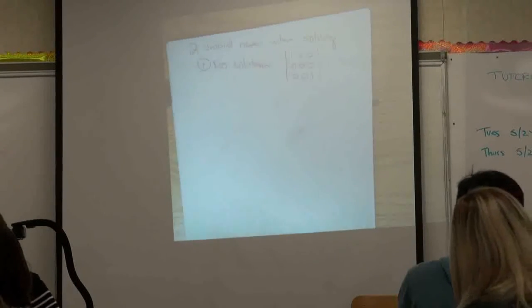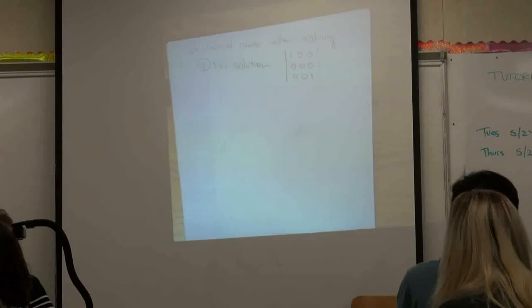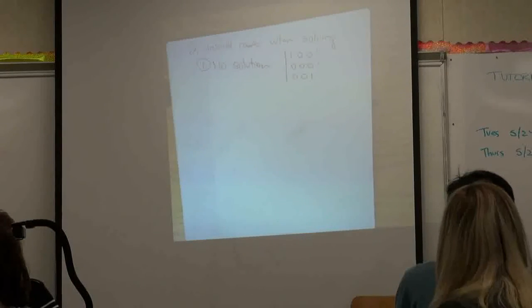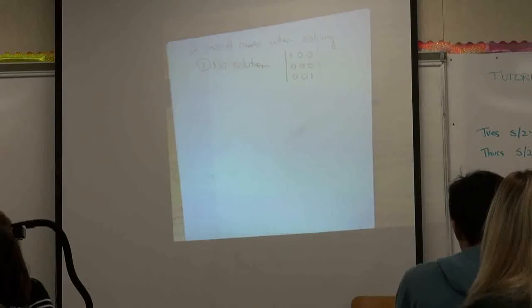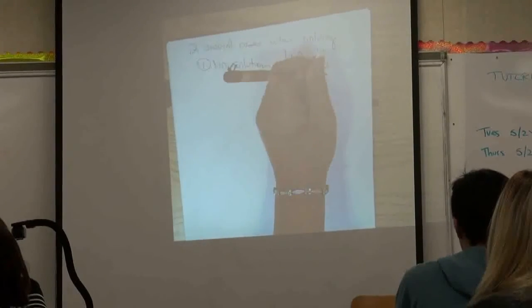It does not matter which row it is, but one of your rows turns into 3 zeros. You don't get 0 on the other side.